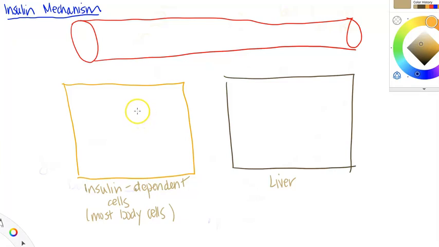So an insulin dependent cell means that the glucose can't get in. Okay, glucose cannot get in without a key. So if we have our little, let's say this is the insulin receptor.